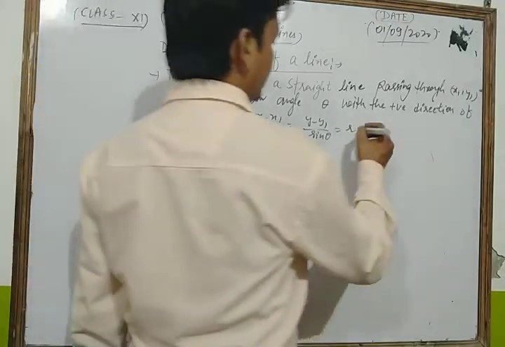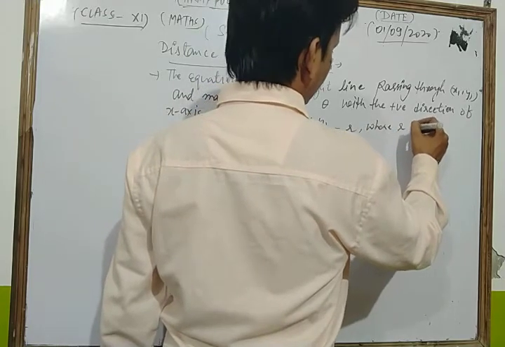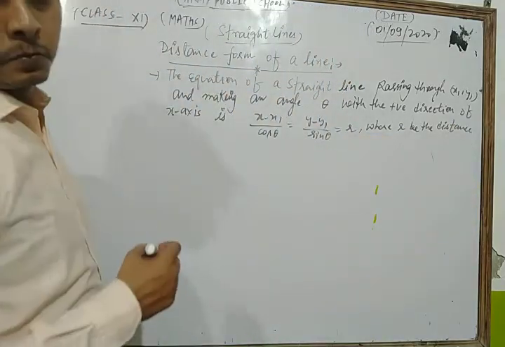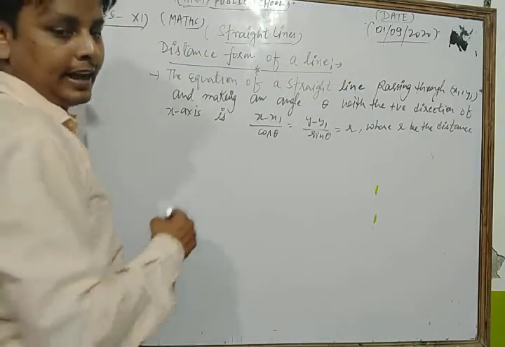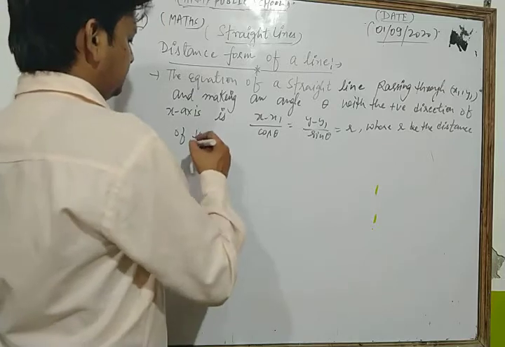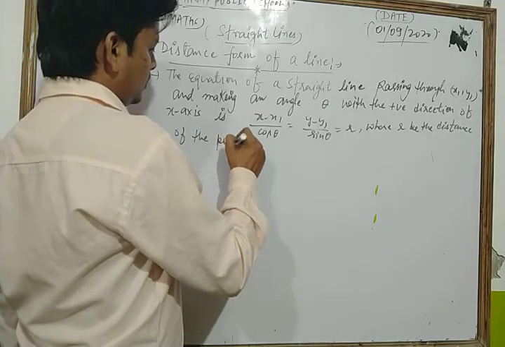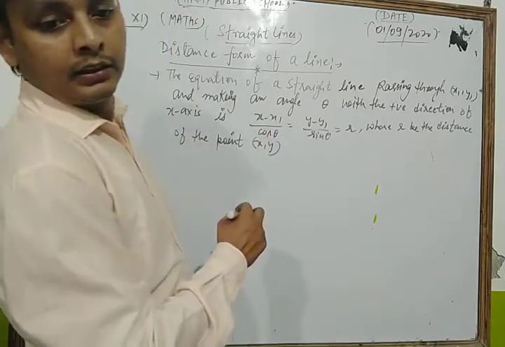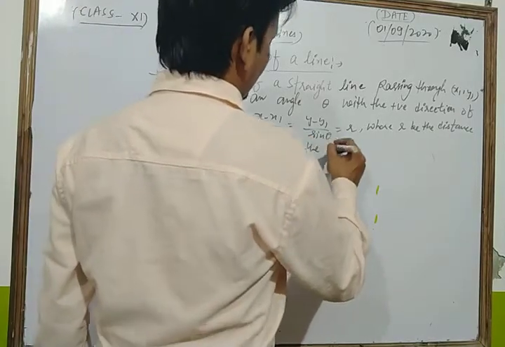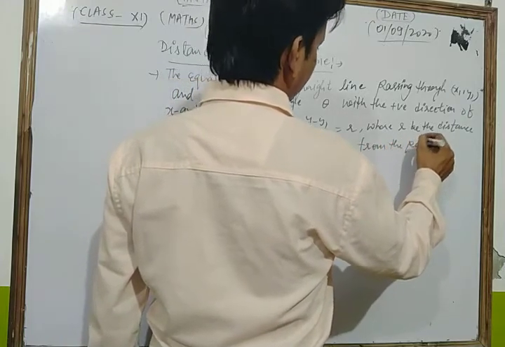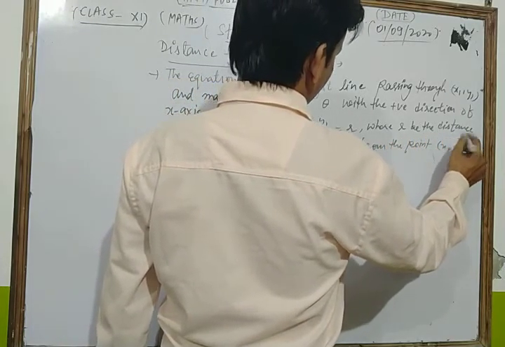r is the distance of the point xy on the line from the point x1 y1.